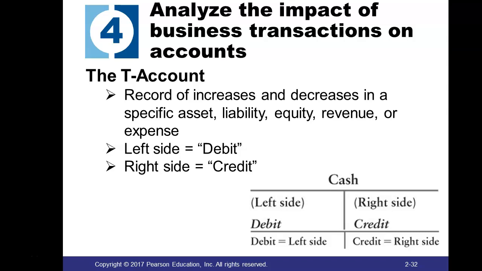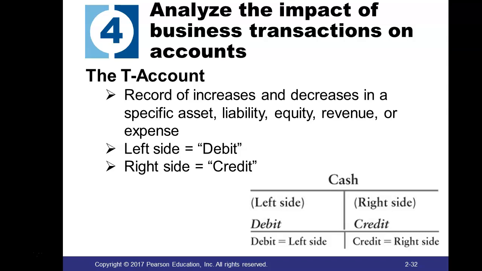Liabilities and equity, with the exception of expenses, are going to have a normal credit balance, and you're going to see them typically on the credit side. So when you want to reduce either one of these, you first have to understand what their normal balance is. An asset's normal balance is a debit. So if I want to make my asset go down, I have to do the opposite of that. The opposite is going to be a credit.